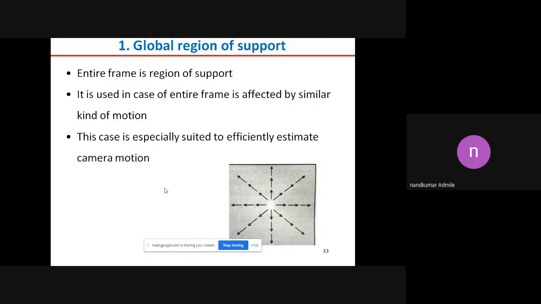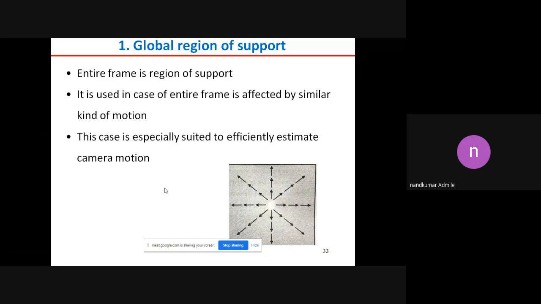We need to understand the meaning of global. If we consider the global region, we consider the entire part of the frame. If we capture video using a video camera, then we use the global region.